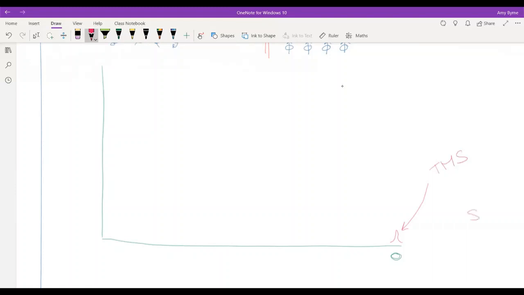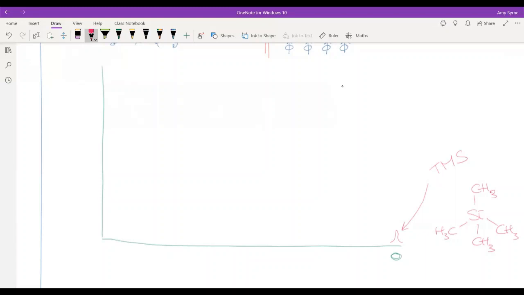tetramethylsilane. So the silanes are silicon compounds, and tetramethyl means 4 methyls. So what this is, it is 12, 4 times 3 is 12, yes, congratulations, Amy.